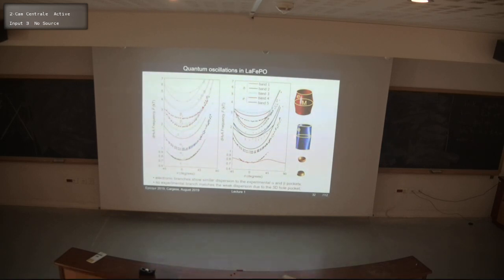So this is something else which is important. In quantum oscillations, the lighter masses are easier to see compared with heavier masses, because of the probability of scattering as they describe the cyclotron orbits.